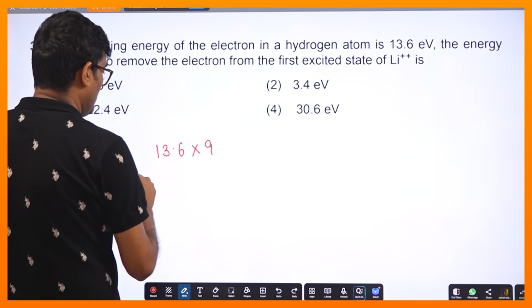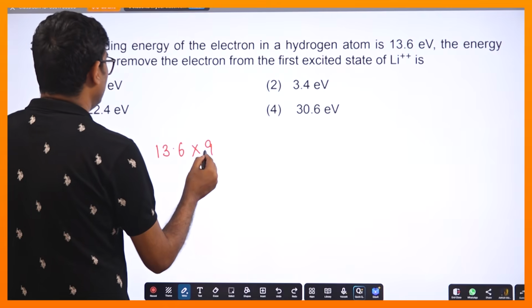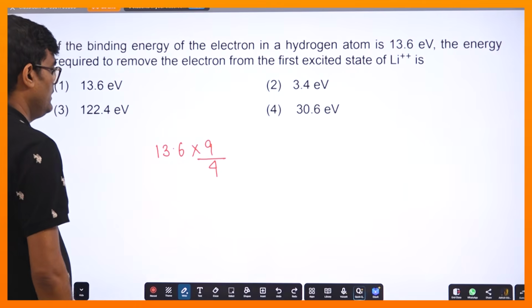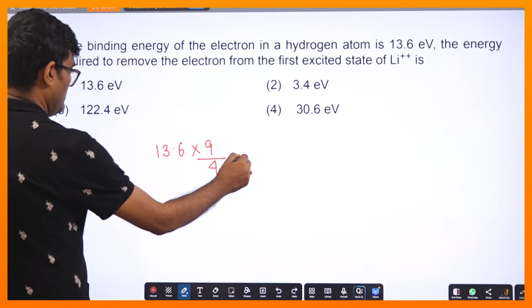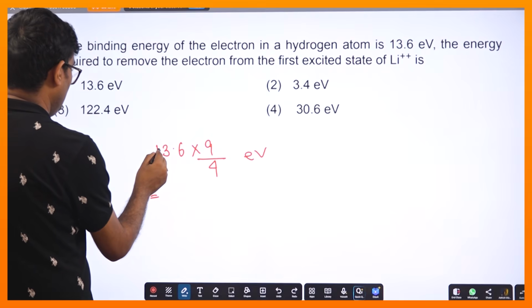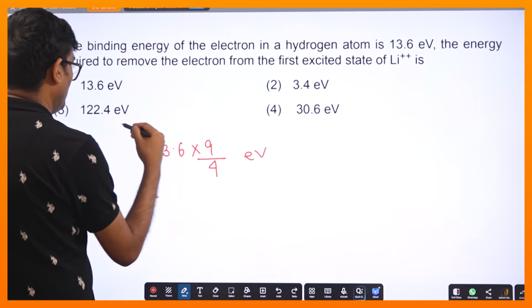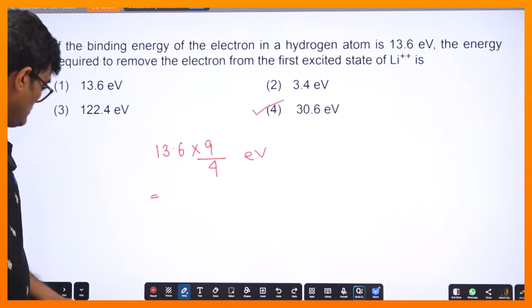So 9 by n square. First excited state means n equal to 2. Right? So that must be the answer. It is 27 to 30, near about. Option 4 should be the correct choice. What else?